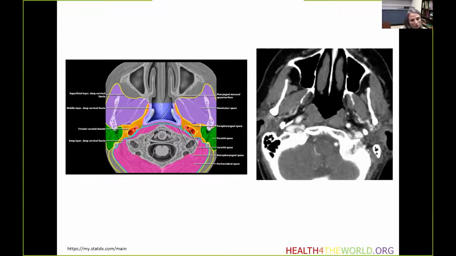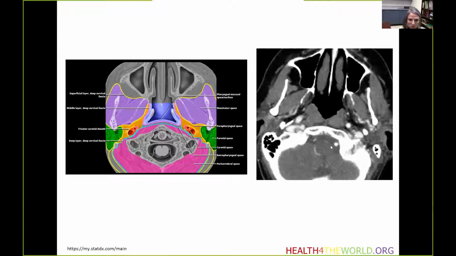So the peripharyngeal space is basically a fat-filled space in the perimedian neck. It is surrounded by multiple very important spaces. And here on the axial CT of the head, you can see a fat density space.